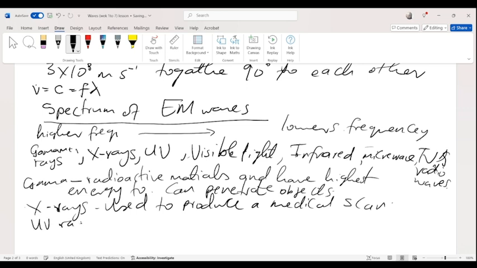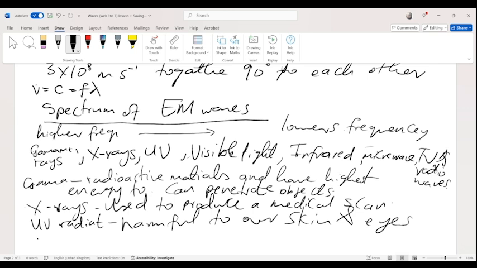We also have UV radiation, which is harmful to our skin and eyes. Okay, we also have visible light. I won't talk much about visible light. We also have infrared, which is used in remotes.